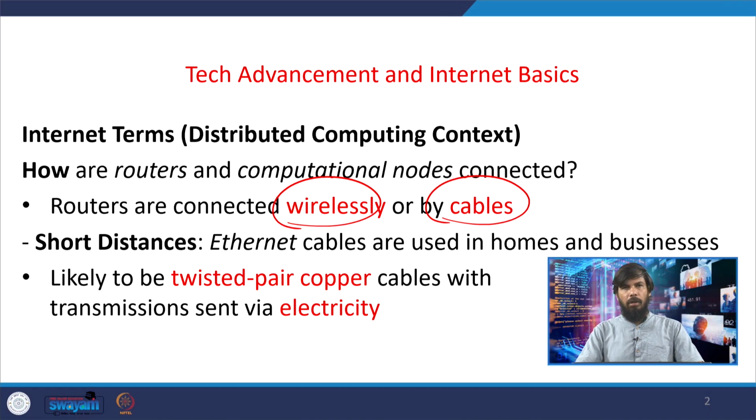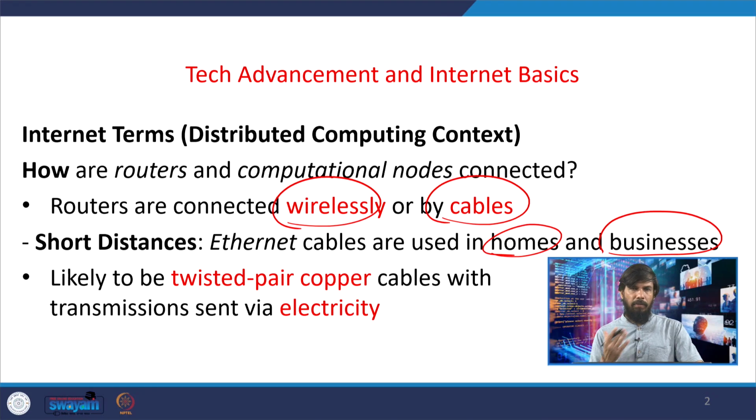Now, if we are talking about short distances, for example, we are in a home setting, or we are having our own organizational setup or business setup. In those setups, whatever rooms or cubicles we might have, the computers need to be connected to the LAN, and eventually connected to a router, right.